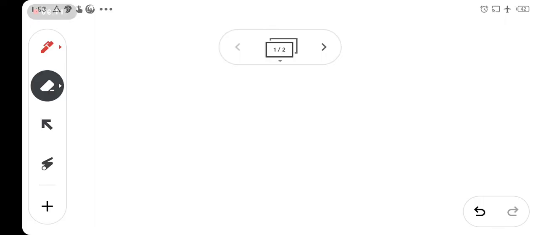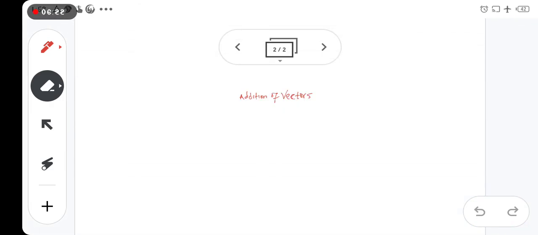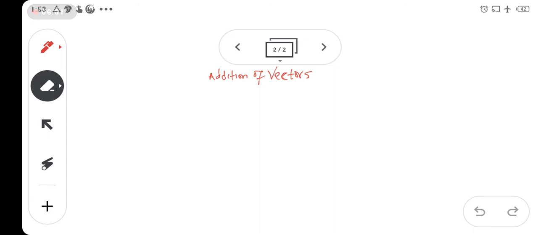Now the next thing we're going to see is how we can add two or more vectors. So we're talking about addition of vectors. We can add vectors by using what we call the triangular rule of addition.